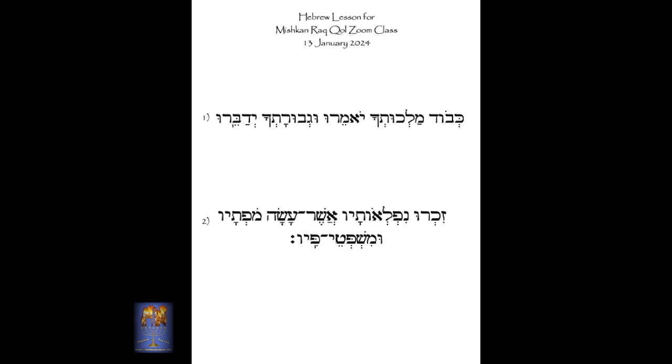So what does that leave us with? It leaves us with three letters right here in the middle. How would we pronounce these three letters? Amar, which means to speak. Or when you hear him say, like, I say unto you.